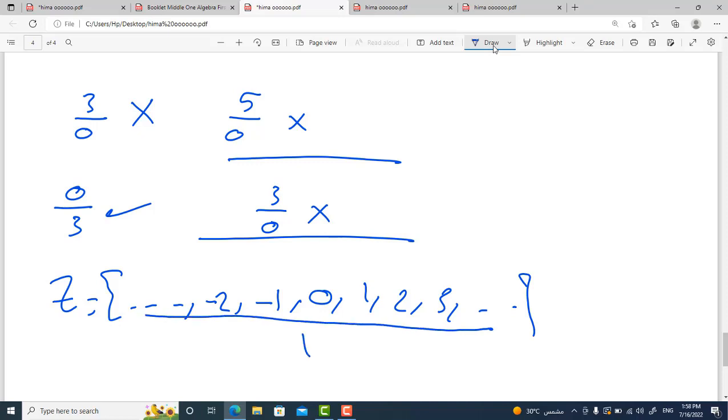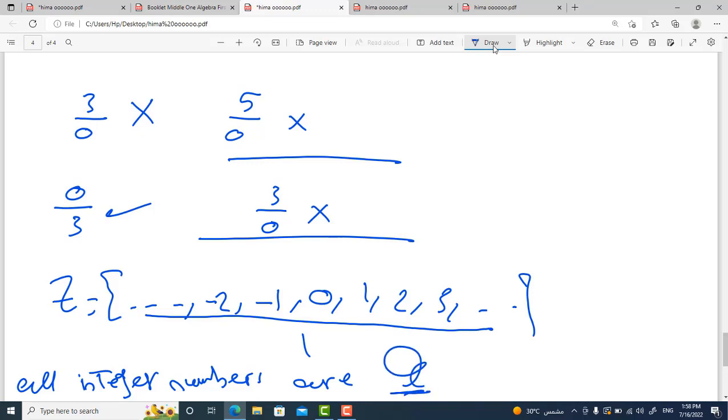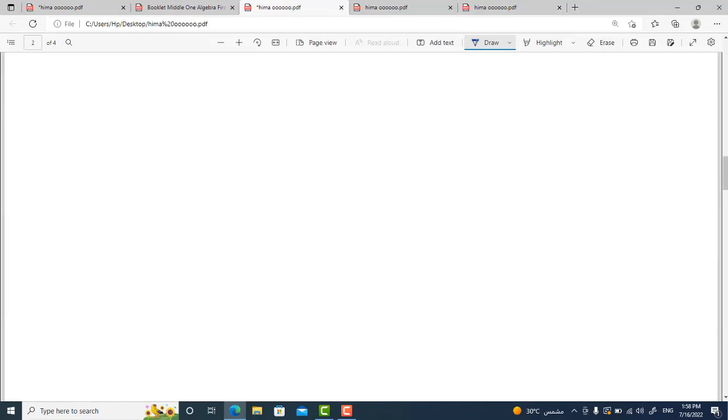So all integer numbers are rational numbers.